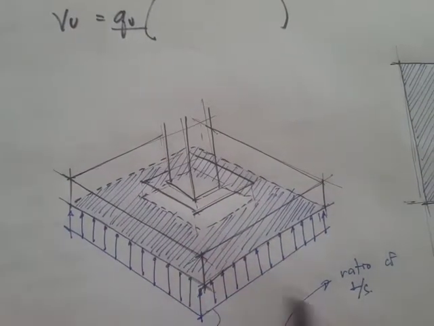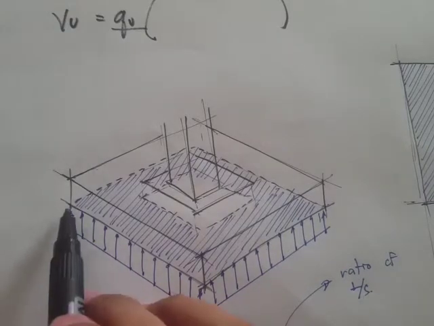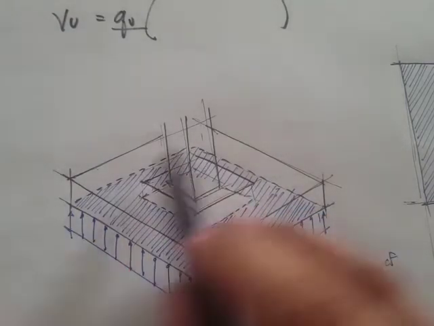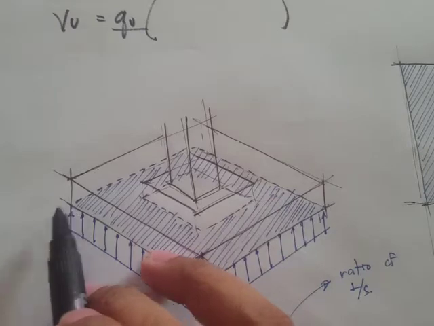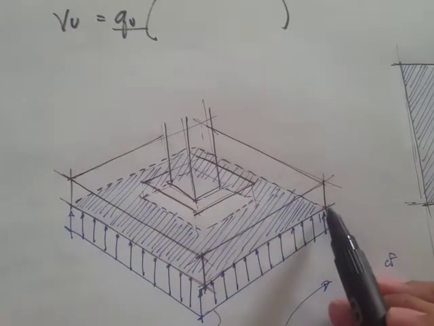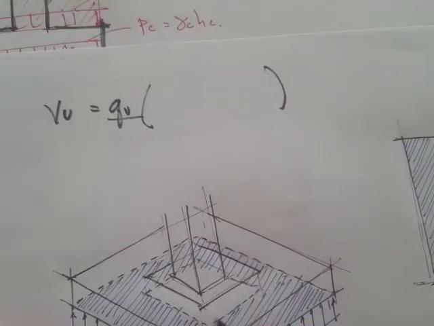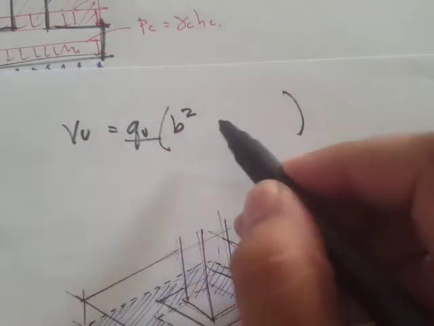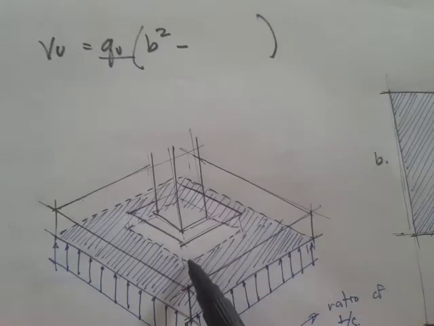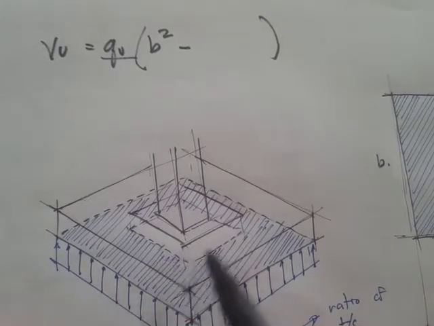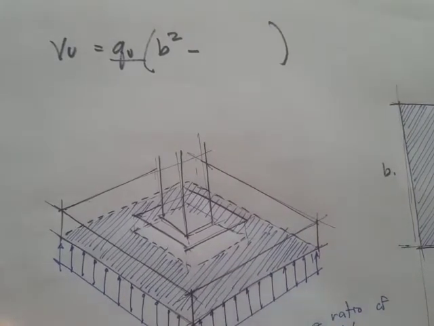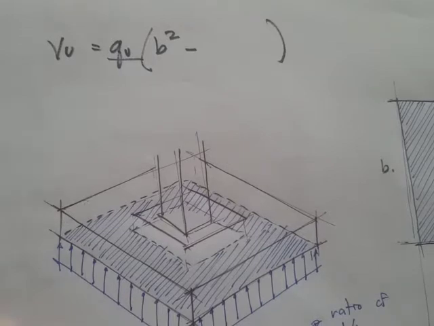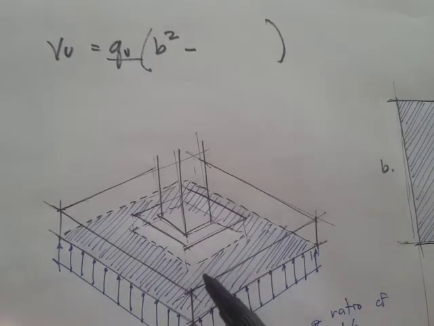Since this is square, it is the area of this outer, largest square, so let's say this is B, that's going to be B squared minus the area of this critical section.